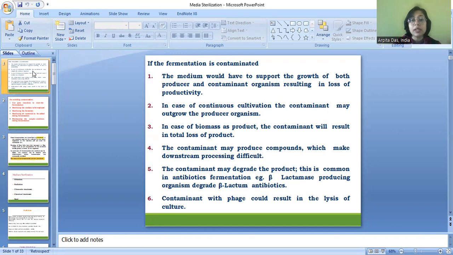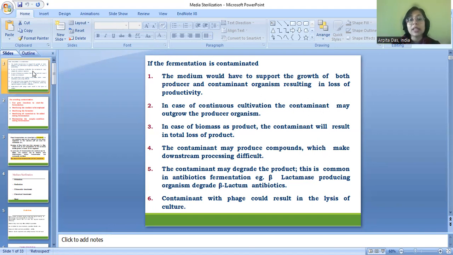In case of continuous cultivation, the contaminant may outgrow the product organism. That means two microorganisms are there. One is my desirable, one is the contaminant. Now the contaminant starts growing so much that the productive organism is not getting its nutrition. So it will dry out or it will not grow much. So that is again a non-profitable condition.